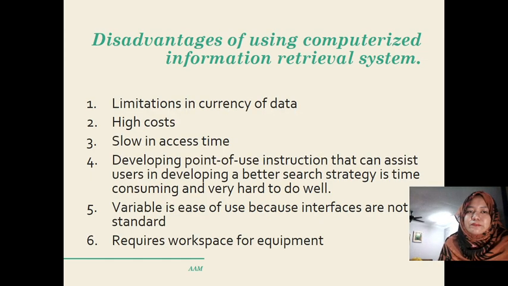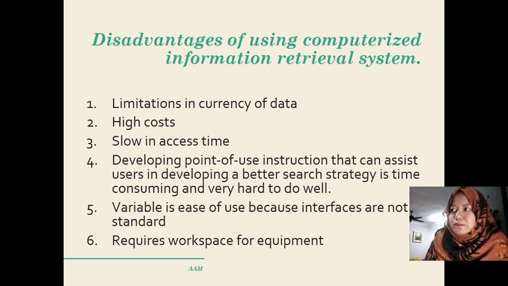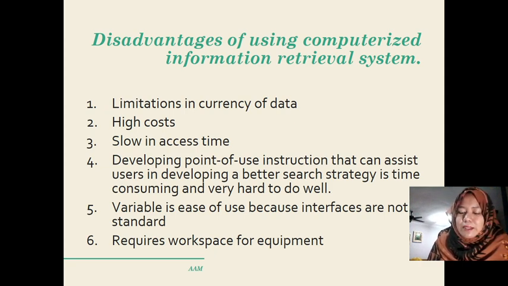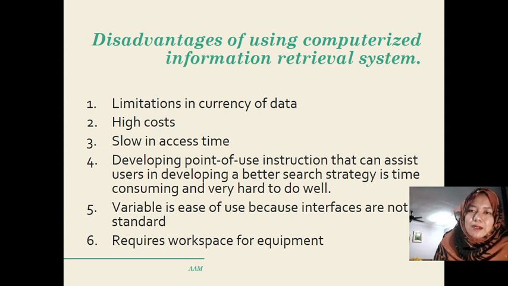And then stock image and sound, and also end user system. While the disadvantages of using a computerized information retrieval system are, first, limitation in currency of data. If you do not have good coverage or data limit every month, say you just subscribe for 18 gig, then by the time the new cycle of the internet comes you have to wait or add on.